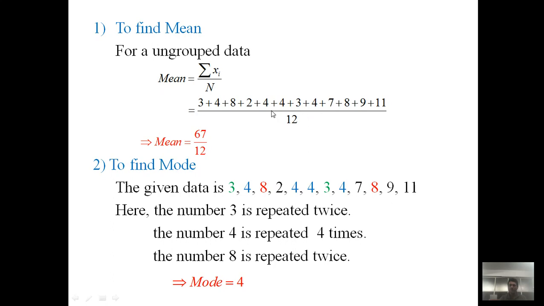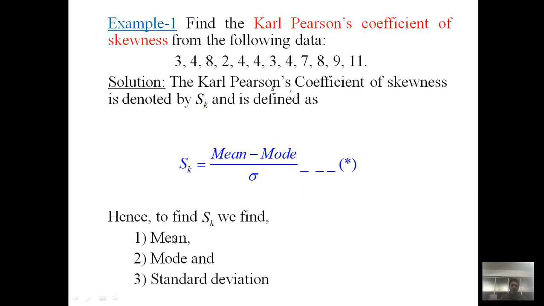If we count the observations, first, second, third, fourth and so on, there are a total of 12 observations, so the value of capital N is 12. By simplifying this simple equation, we get the mean as 67 divided by 12. So we have obtained the first quantity.